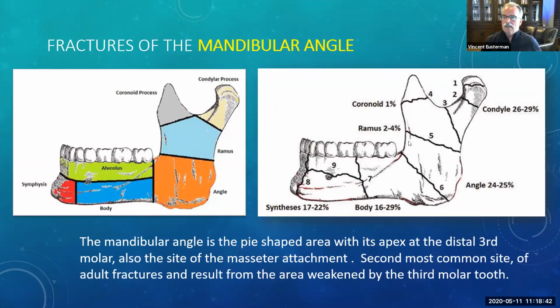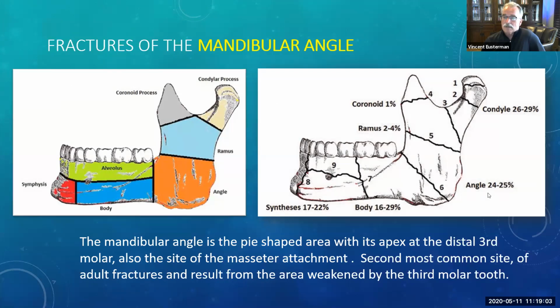Okay. So the mandible angle is this angle here, level with the alveolar ridge, and this pie-shaped area is distal to the third molar. So this is the entire angle here.